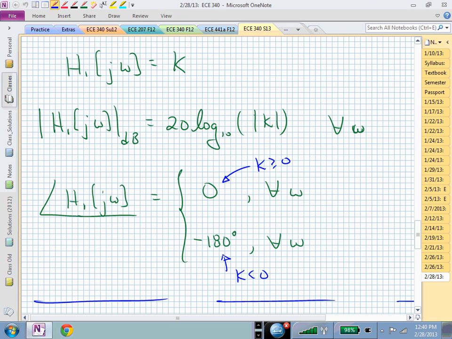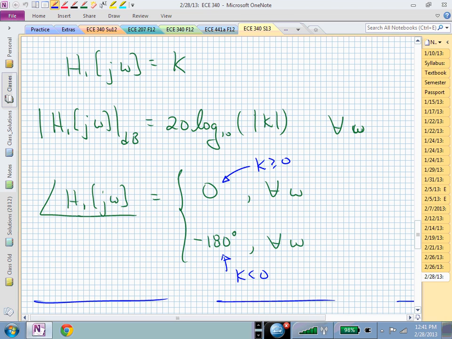However, if you're in the negative, your angle relative to the positive real line is now either plus 180 or minus 180, and we'll just assume for consistency in everyone's answers that we'll call that minus 180, and that corresponds more to a delay in time.